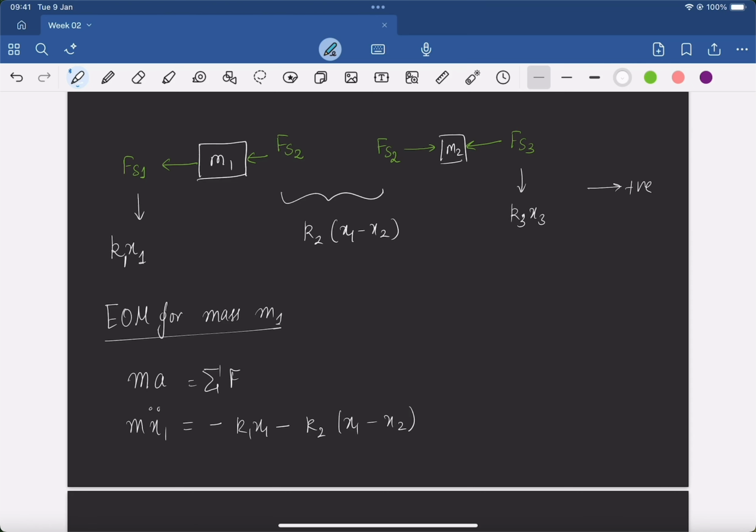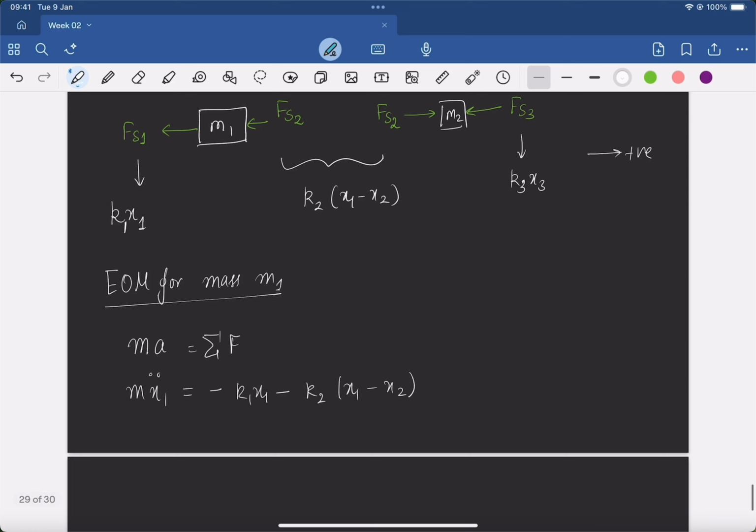Or in other words, I can write the equation of motion for mass m1 as m1 into x1 double dot plus x1 into k1 plus k2 minus k2 into x2 equal to 0.